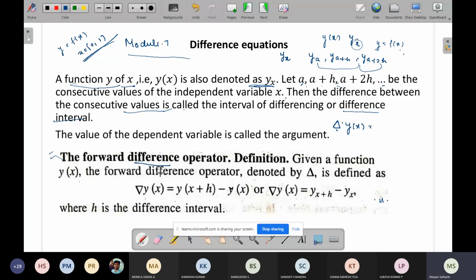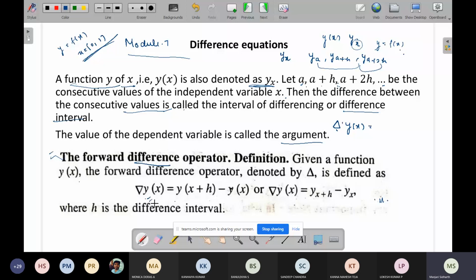These arguments should be two consecutive arguments. Now which one needs to be taken first, that will be defined by forward difference.